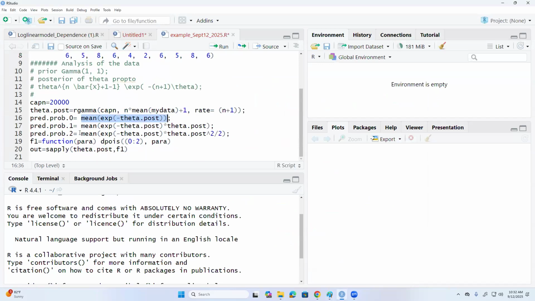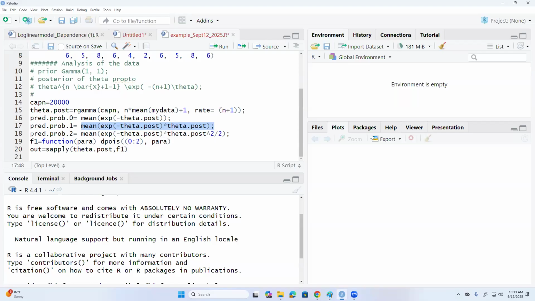Okay. Next value is the predictive probability that the new observation is 1. It is e to the power minus theta times theta, and you take the average over all of these theta values. This theta came from the posterior distribution. Keep in mind.